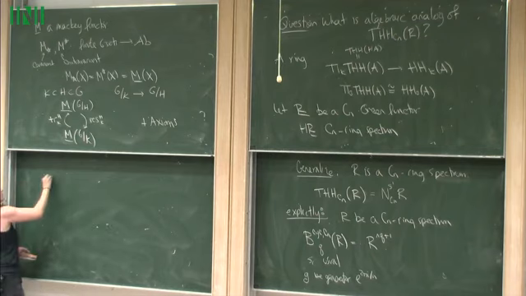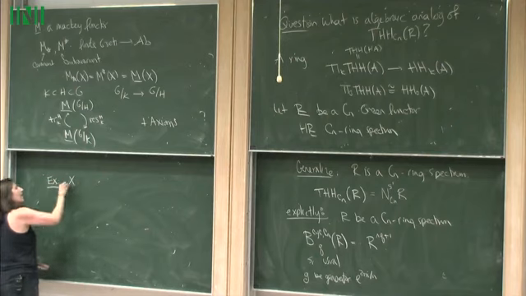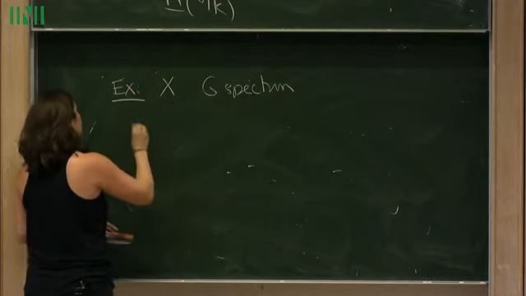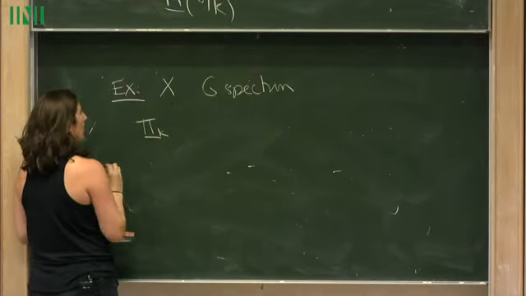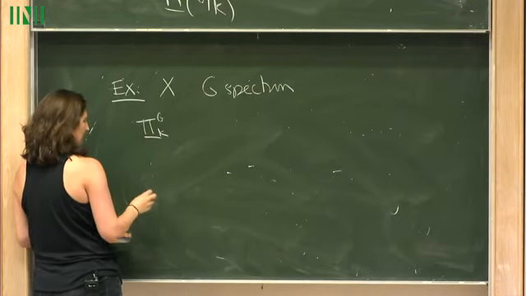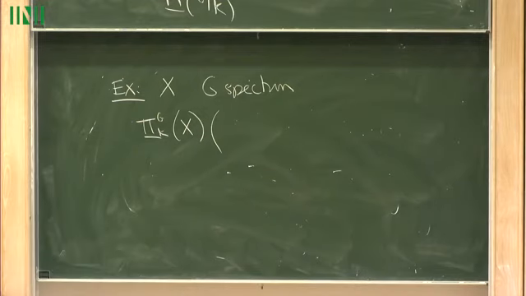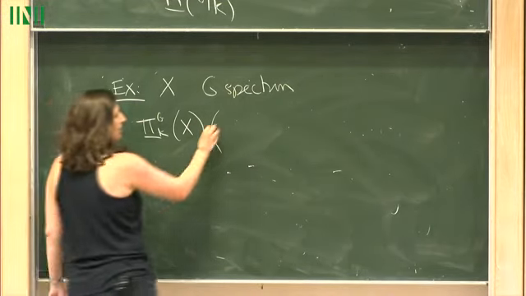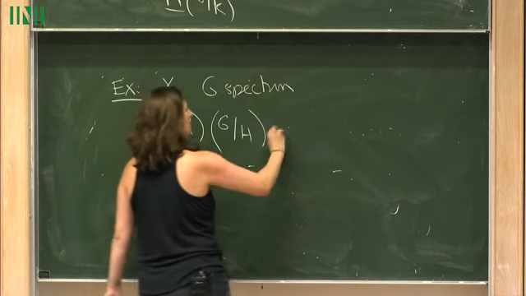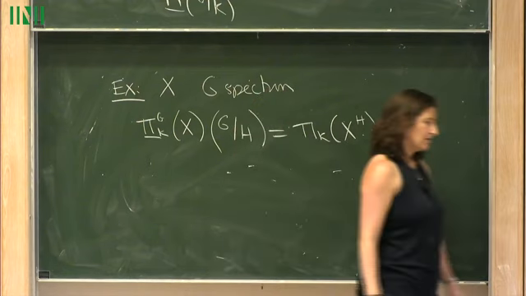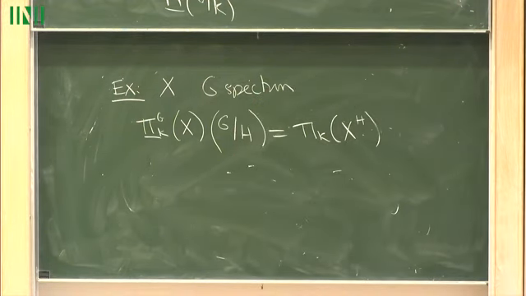If you have X, a G-spectrum, then I could define a homotopy Mackey functor, a G-Mackey functor on X. When I evaluate it on orbits, at the orbit G mod H, this is pi k of the H fixed points of X. Those turn out to fit together to give you a Mackey functor.